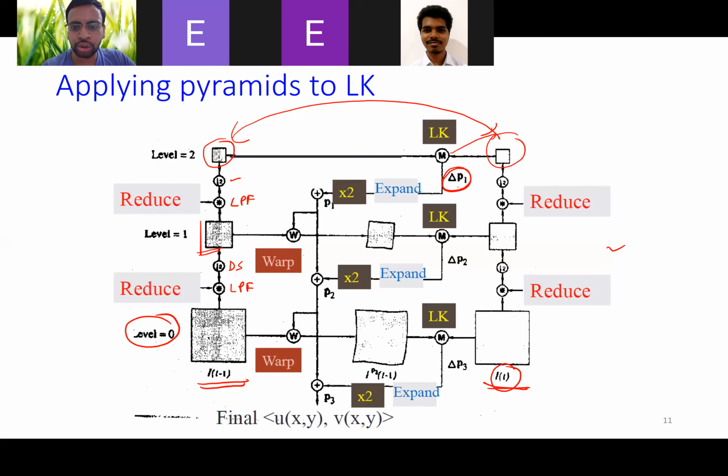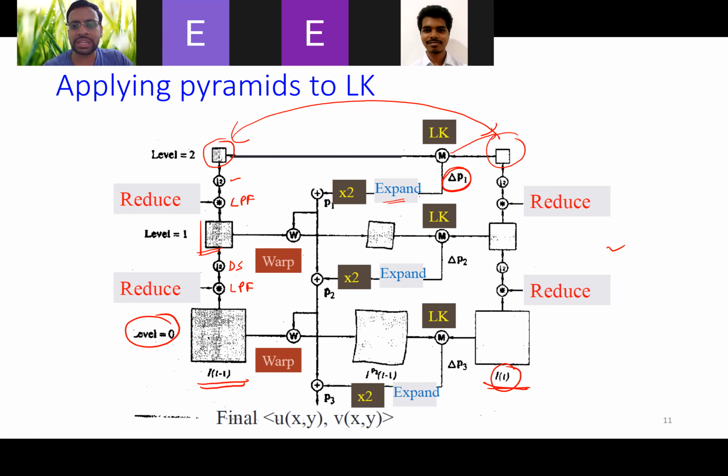So next you would expand that. For example, if you got a 1 pixel motion, that's in fact equal to a 2 pixel motion in the next level. And also if that is a 100 by 100 image, in the next level it should be a 200 by 200 image.